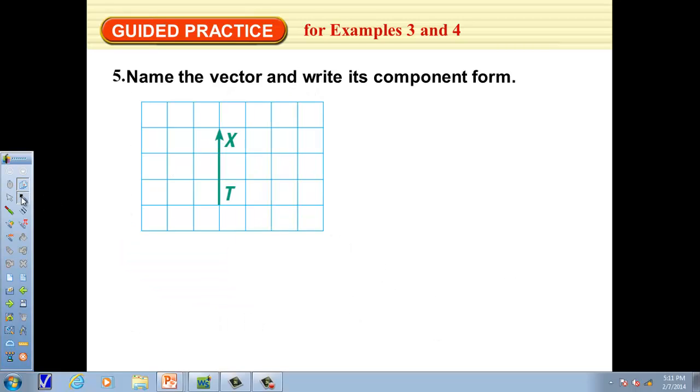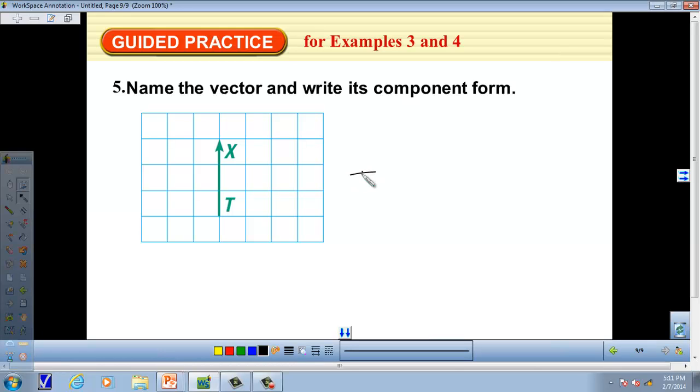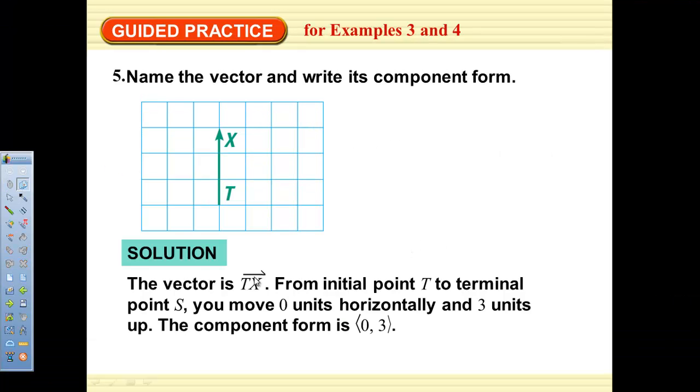Here's another one. Remember, it has to start where the vector starts, so this would be vector TX, and in component form we're going up 3, so it's 0 on the x and 3 on the y. There's our vector notation and component form.